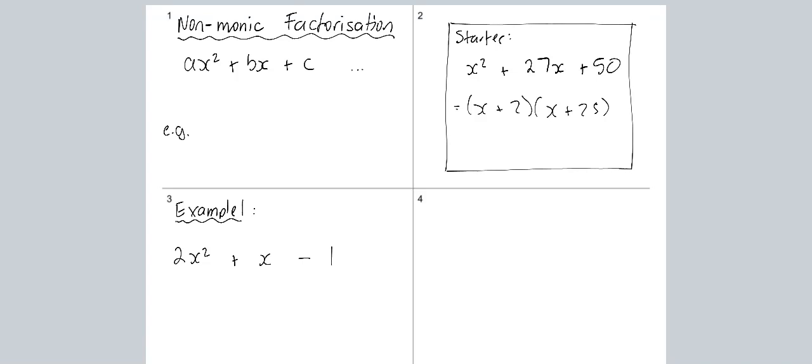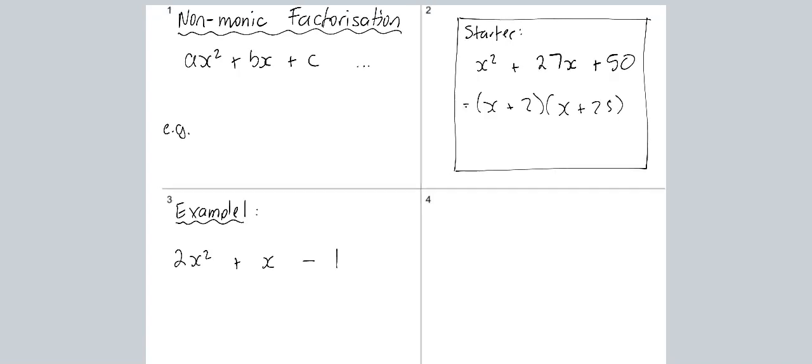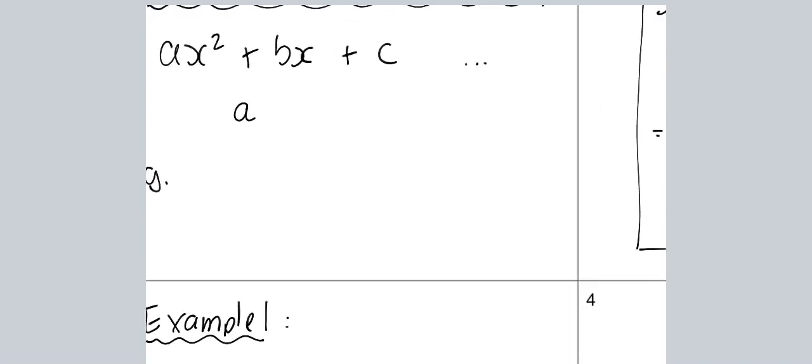So, non-monic factorization. Who can remember from yesterday? What am I going to finish off that with? Ax squared plus bx plus c, ... Anyone? That's monic.